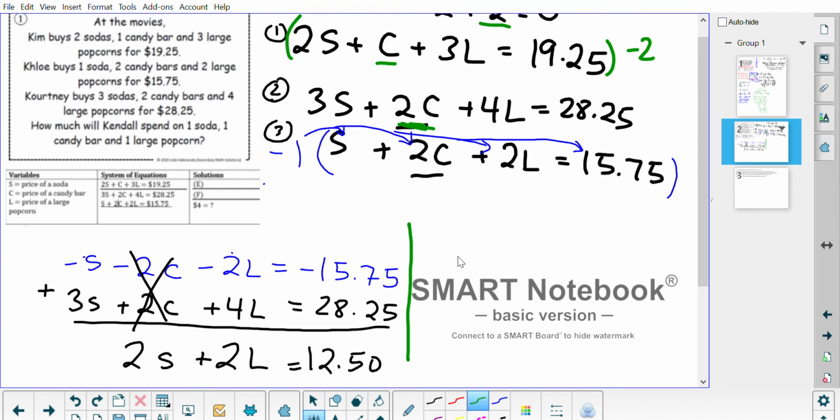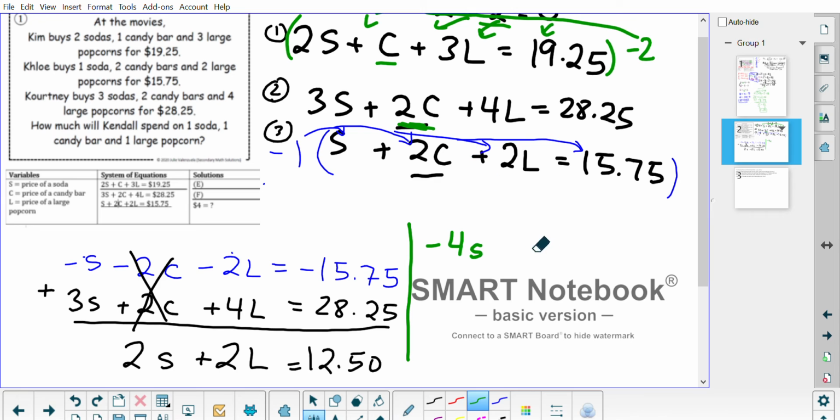What's going to happen is that this negative 2 is going to be distributed through all the parts of this equation. So negative 2 times 2s is just going to give me negative 4s. Hold on, let me make that s smaller. So it's negative 4s.